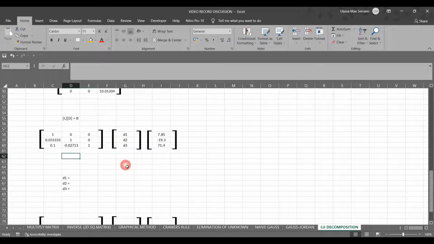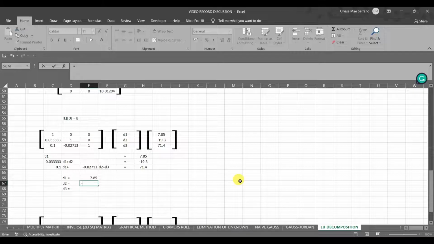So from here, we will be able to have an equation represented as this equation, and we will be able to find the value of D1. For D1, it equals 7.85. And for our D2, this is the difference of our product of coefficient matrix multiplied by the resulted D1.